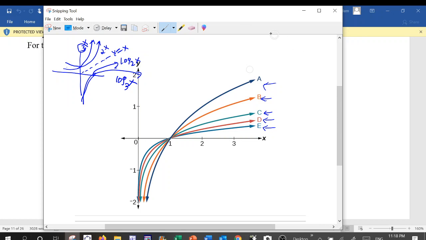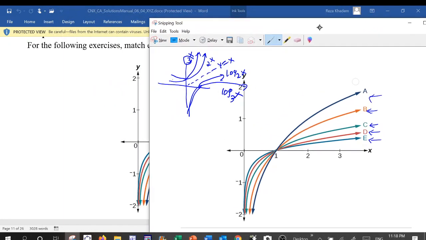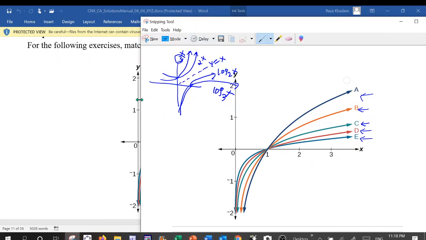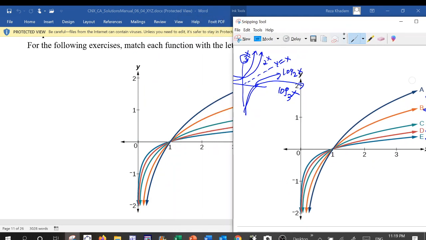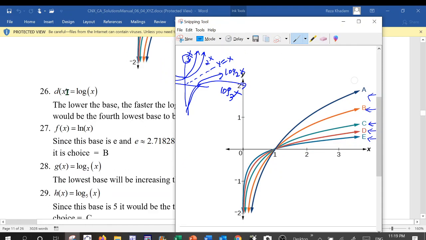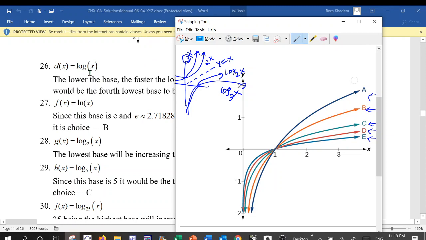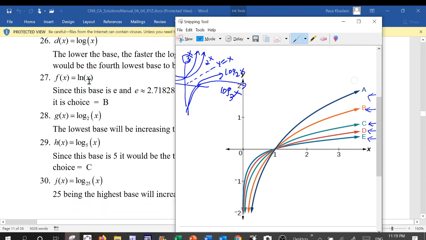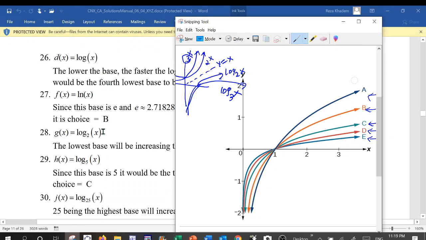So if we keep this and we look at the choices that we are given, let's see here. We're given log base 10, ln, which is log base e, and log base 2, log base 3, log base 25.